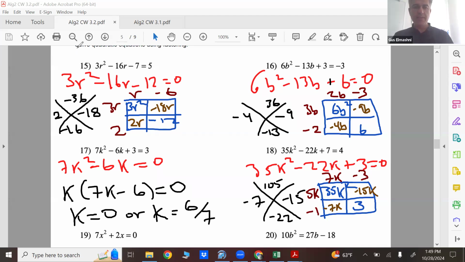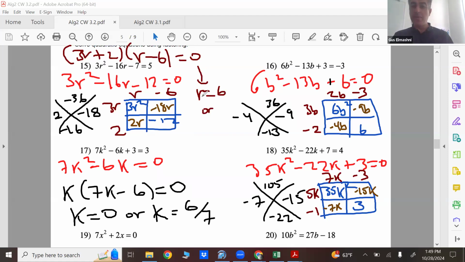So yeah, it's just 3r plus 2 or r minus 6 equals 0. So r is going to equal 6, or r is going to equal -2/3 when you solve it.